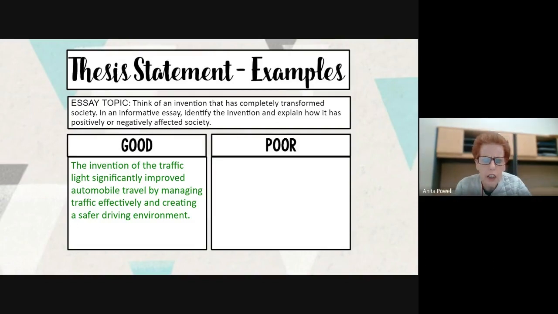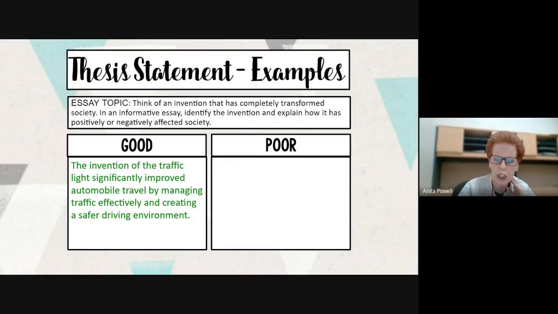So I think that that's a good invention. So yeah, I have addressed the prompt, but I haven't been very specific there. I haven't told you why traffic lights are significant or a good invention. So I've gone on and I've explained that in my thesis. They manage traffic. They created a safer traffic environment.